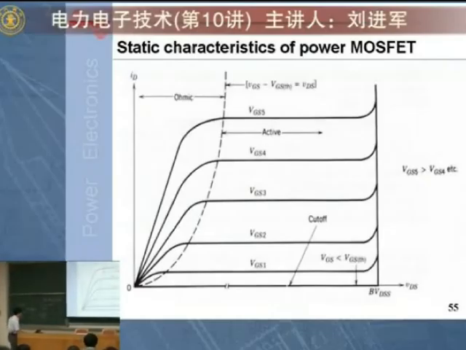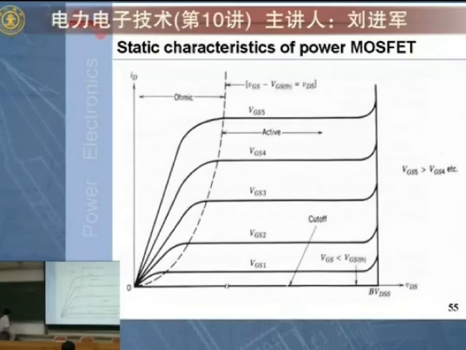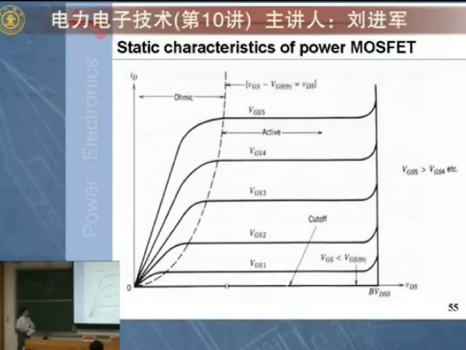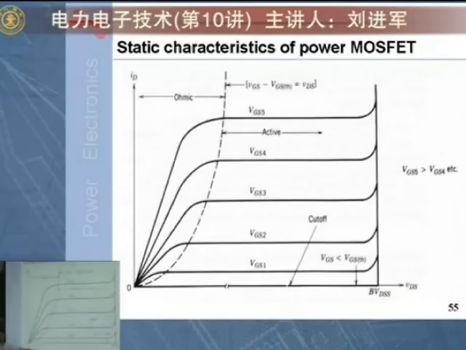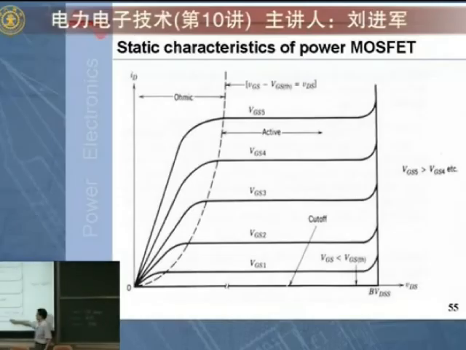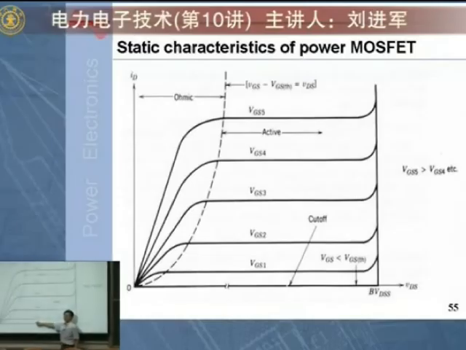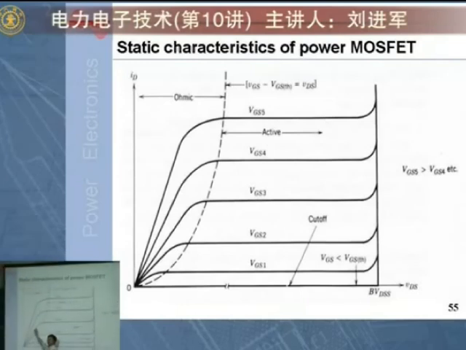Let's look at the characteristics. Similar, again, to what you learned before in information electronics. Again, three areas. This area is called the cutoff region. Then you have this area where you have very low voltage, but the current can be very high.